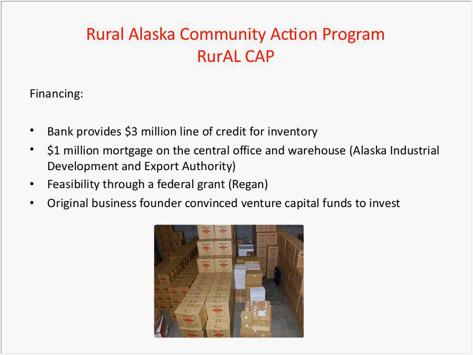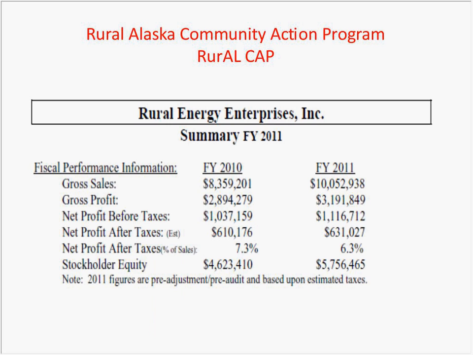Feasibility: the initial feasibility was funded through a federal grant in the 1980s. The original business founder, the entrepreneur involved, worked with venture capitalists to get the funds for the initial investment and startup capital.